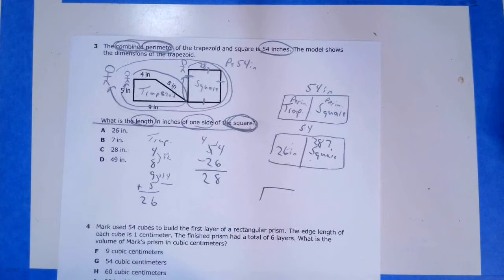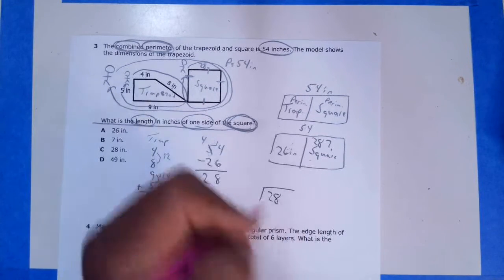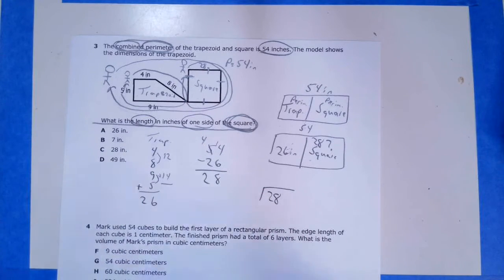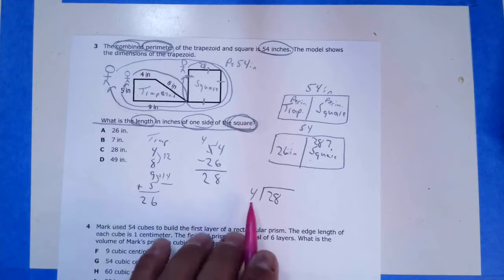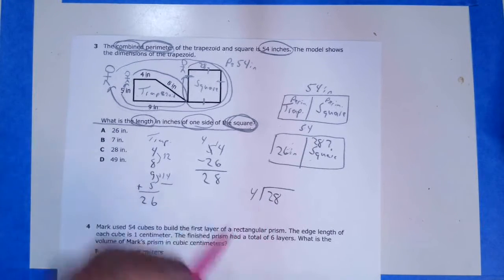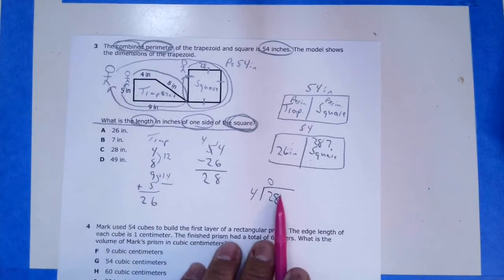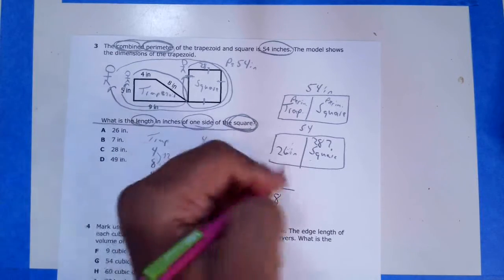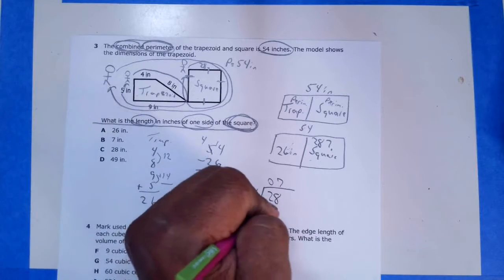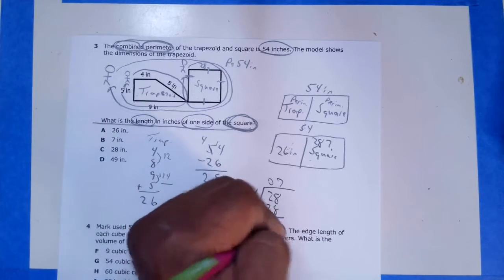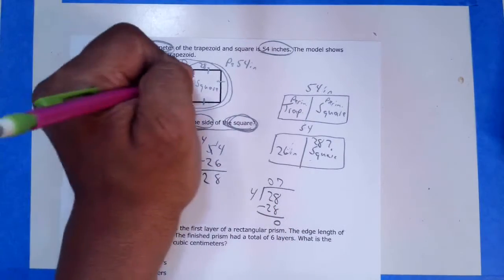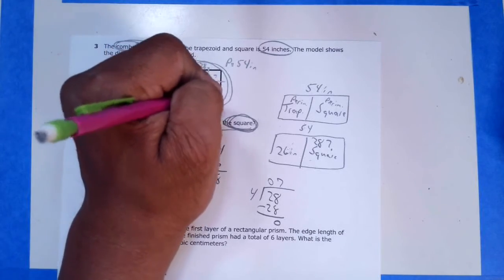The number that goes inside is always the number that's getting cut up. Separated, put into groups. Outside is the amount of groups you want or the size of each group. On this one, 4. So 28 divided by 4. 2 divided by 4, 0. 28 divided by 4, 7. So then each side is 7.